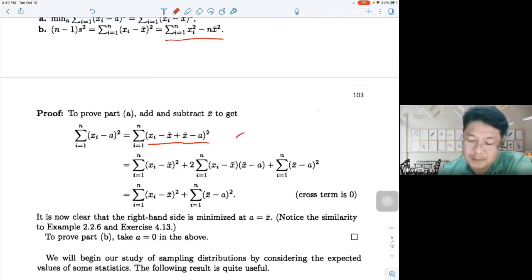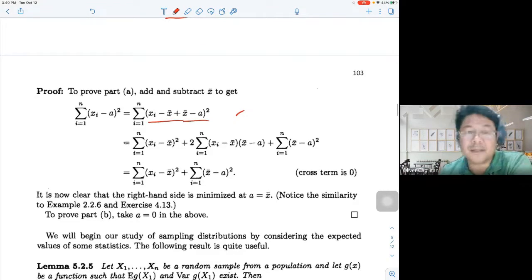Then we have a sum of three terms. Since the first central moment is equal to 0, and the term does not depend on the index of our summation, we can write it before the summation symbol, but the summation of X sub i minus X bar is actually equal to 0.